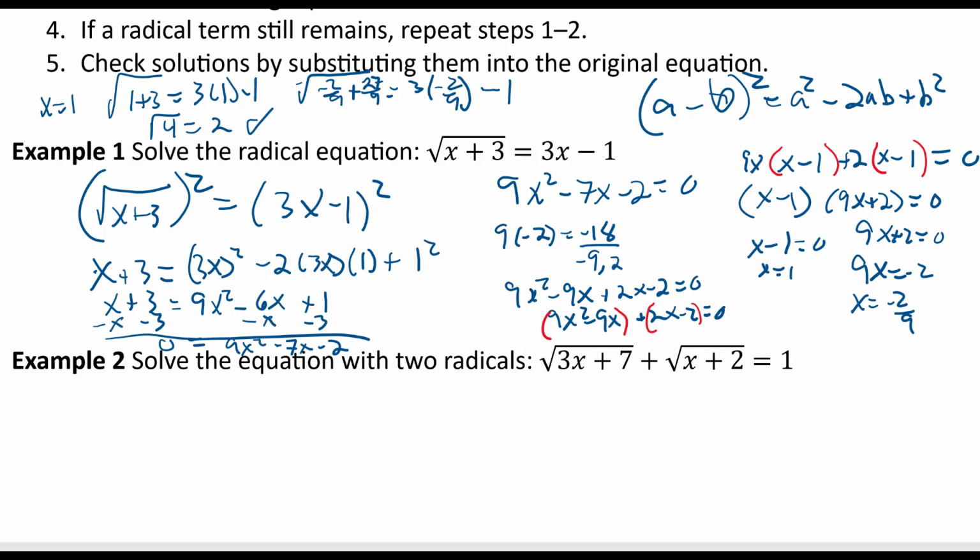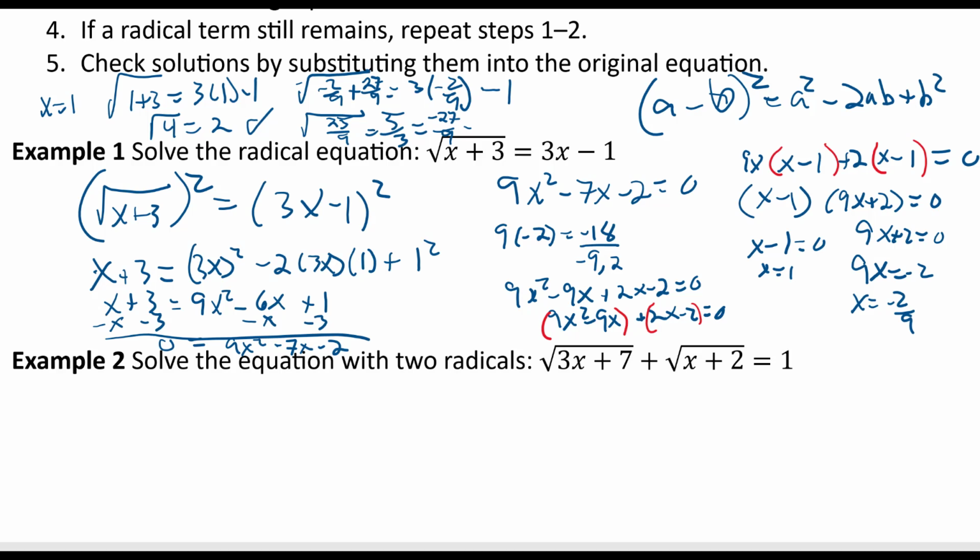So on the left side, it's going to be 25/9, which we know is 5/3. On the right side, 3 times negative 2/9 is negative 6/9.